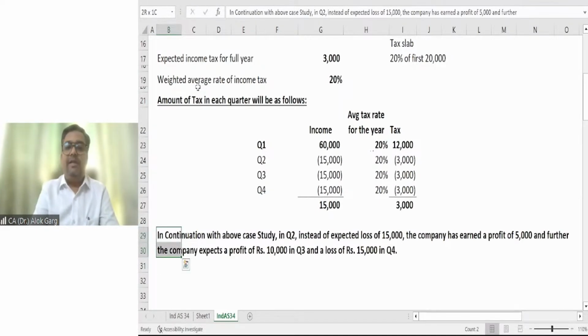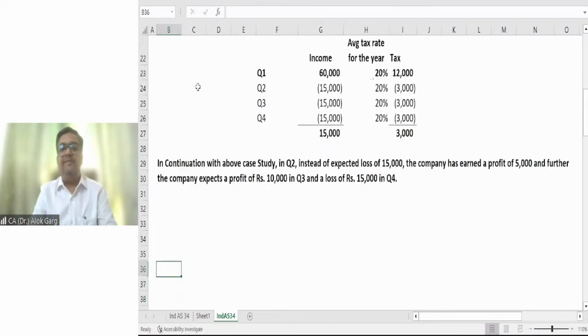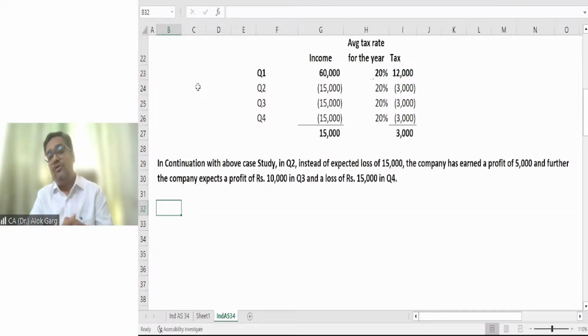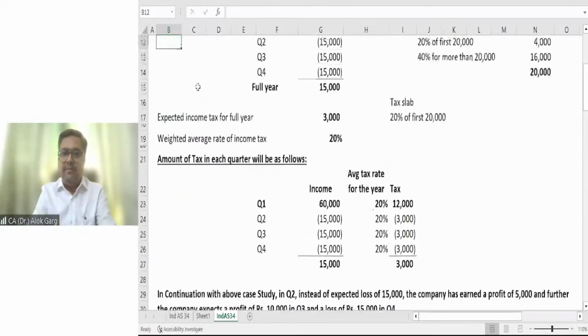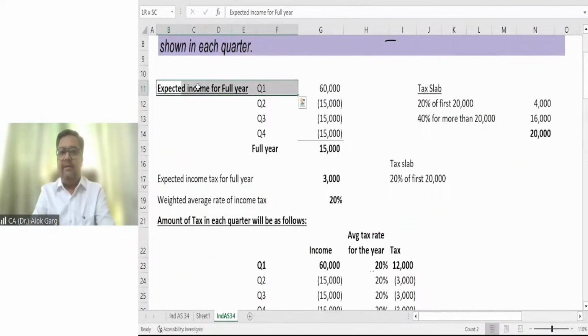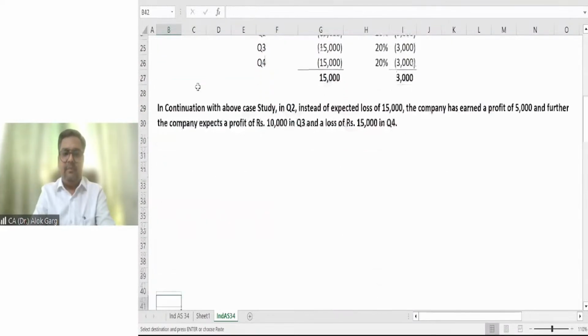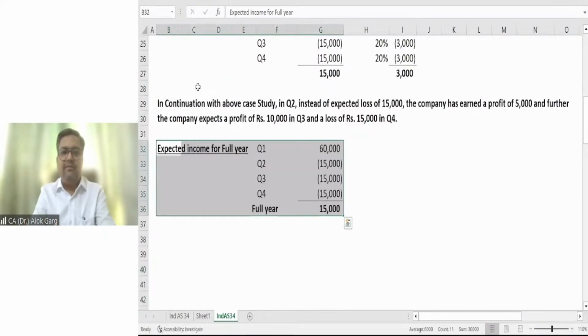So I'm just elaborating this question, and what I'm saying is that when the company reached Q2, the company found that instead of losses, I got the profit of 5,000. And further, the company expects that it will earn rupees 10,000 of profit in Q3 and a loss of rupees 15,000 in Q4, right? Now the scenario has changed. So let me again compute the expected income for the full year.